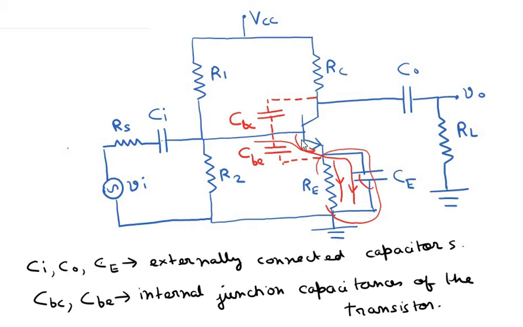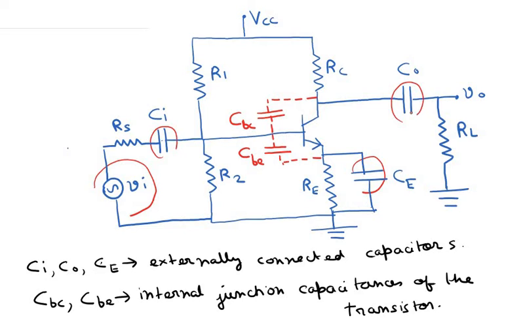Okay, so the effect of these three capacitors CE, C0 and Ci is to reduce the voltage gain at the low frequency range, and when the signal is exactly a DC voltage, then Ci, C0 and CE would act as open circuits, and so the AC component of the output voltage would be 0.